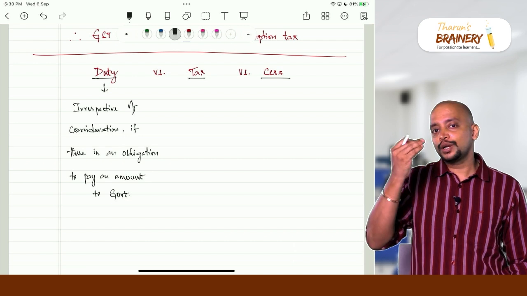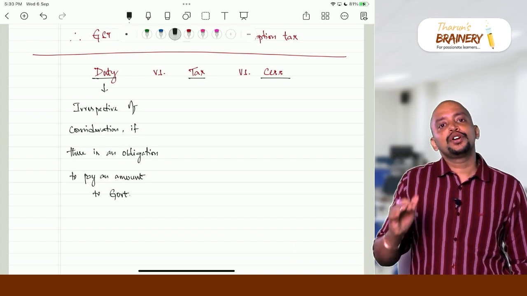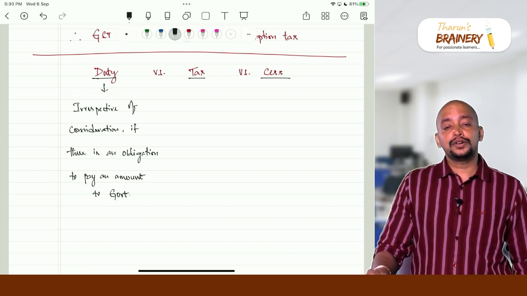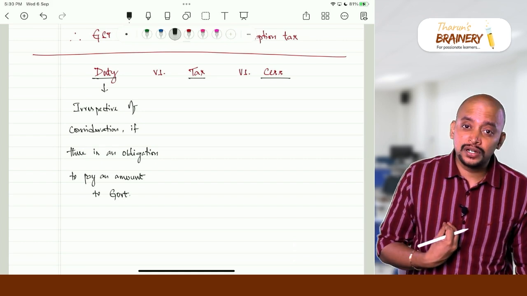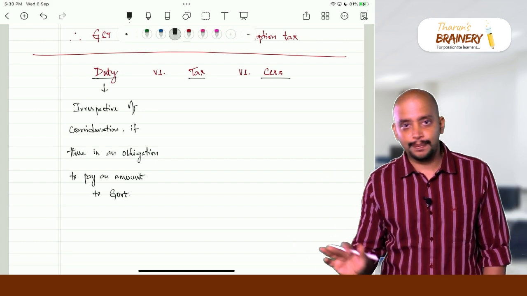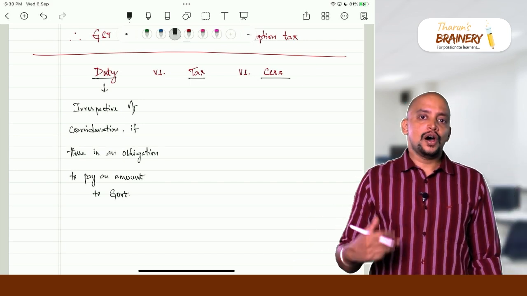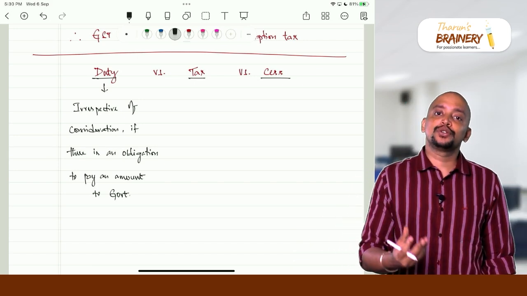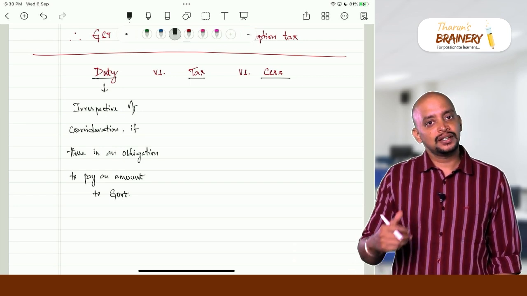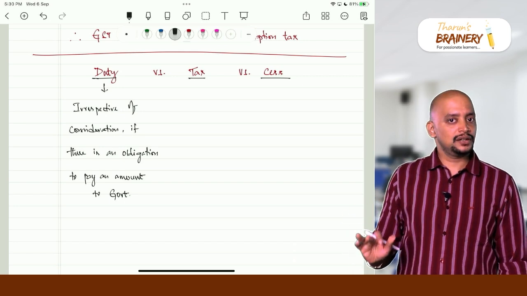Customs duty: you are importing some goods. It may be for your own consumption or for further sale. You may be importing it as a trader to sell it, or as a consumer who wants to consume it for your own purpose. Even then you need to pay customs duty.